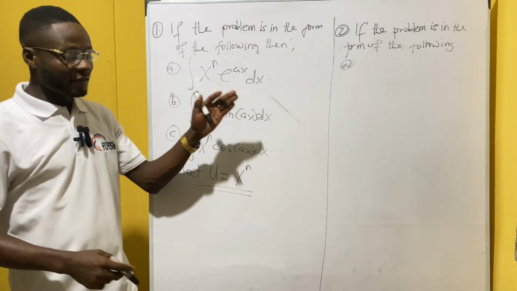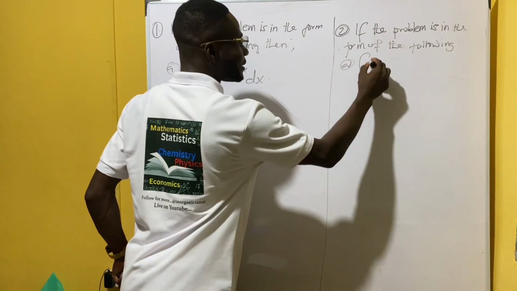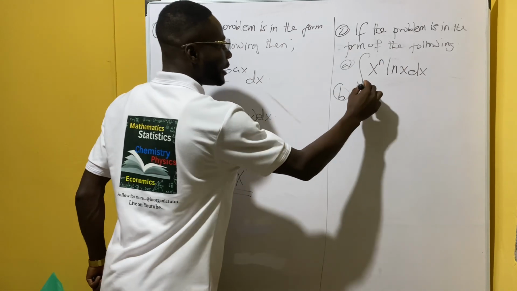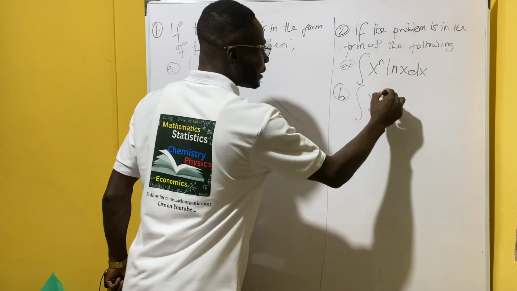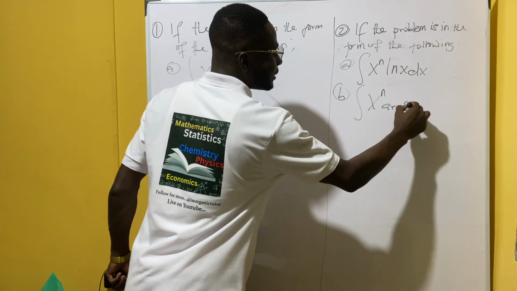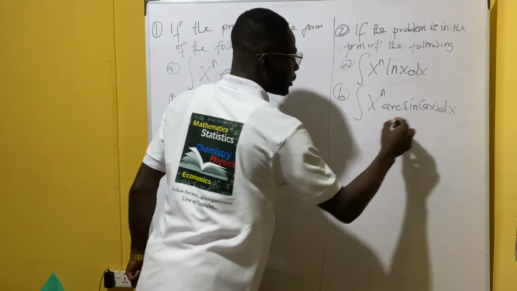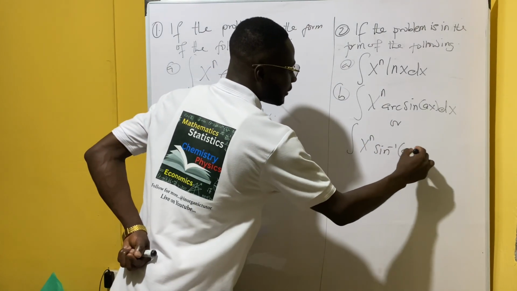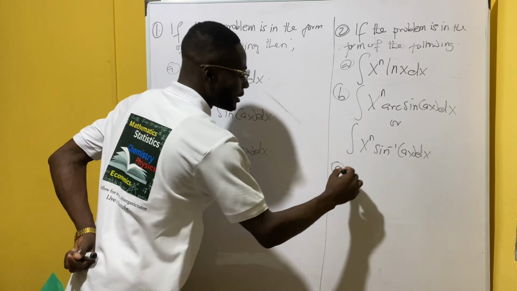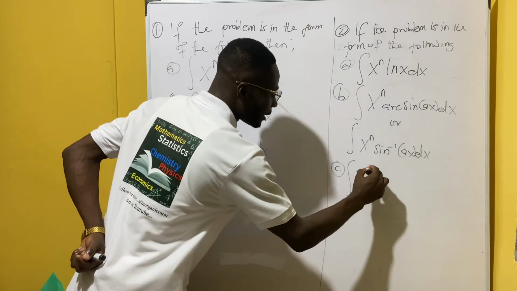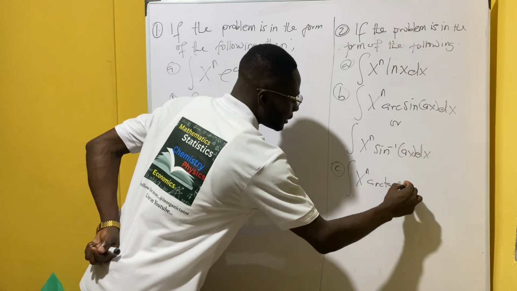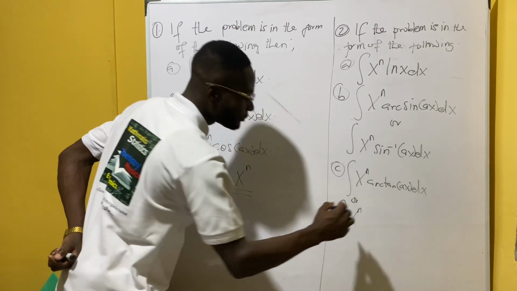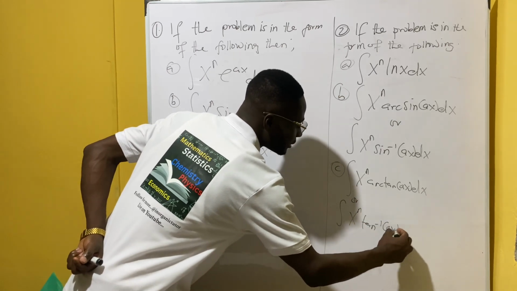The second set of rules says that if the problem is in the form of the following: a, the integral of x power n ln x dx; b, if the problem is in the form of x power n arc sine ax dx, or the integral of x power n sine inverse of ax dx; c, if the problem is in the form of x power n arc tan ax dx, or the integral of x power n tan inverse of ax dx.